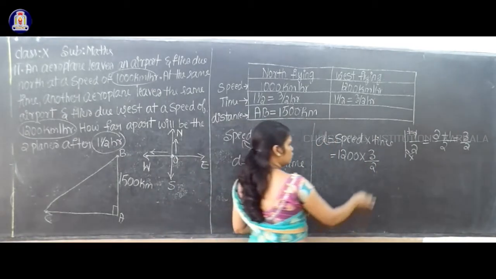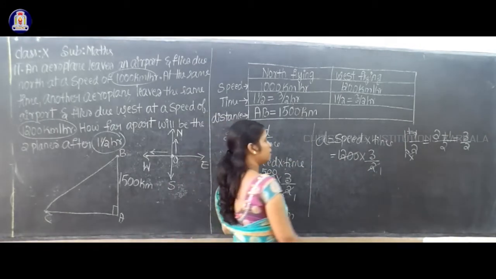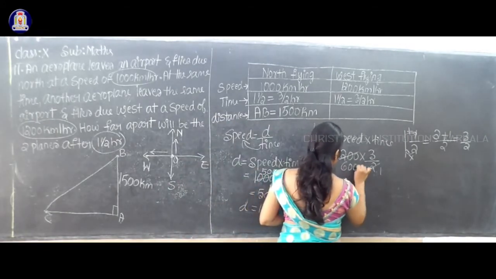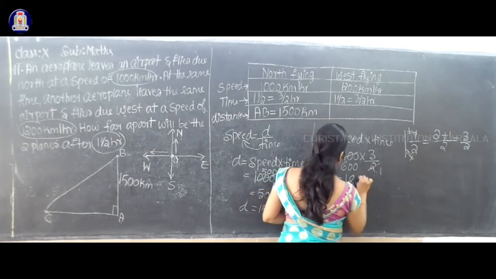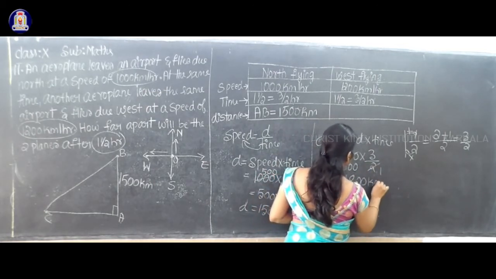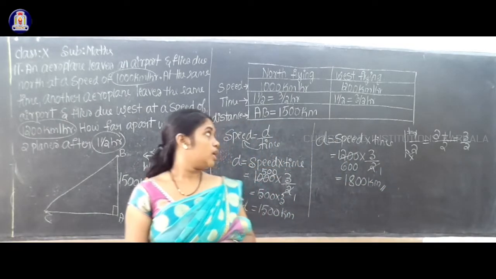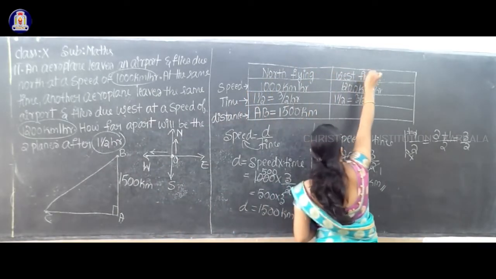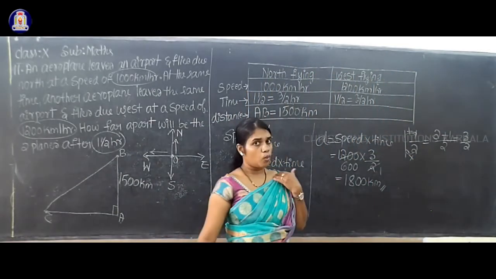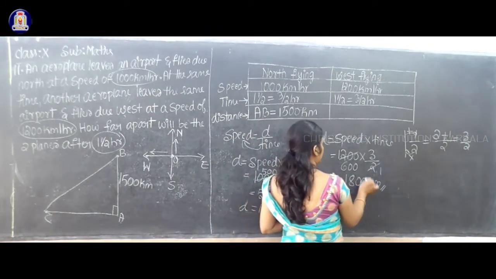So 2 ones are 2. 2 how much are 1200? 2 600s. So therefore 600 into 3. 6 3s are 18. So I will get 1800 kilometer. So the distance covered by the west flying aeroplane after 1.5 hours is 1800.